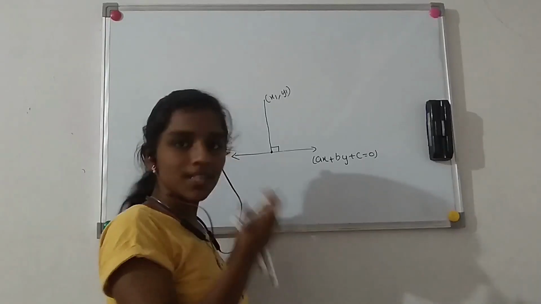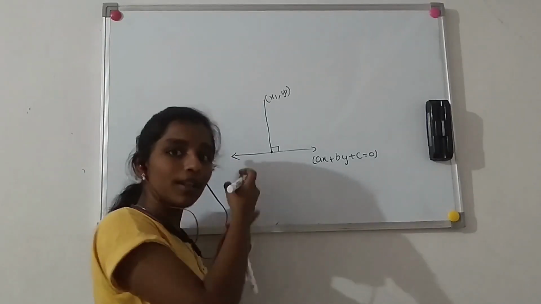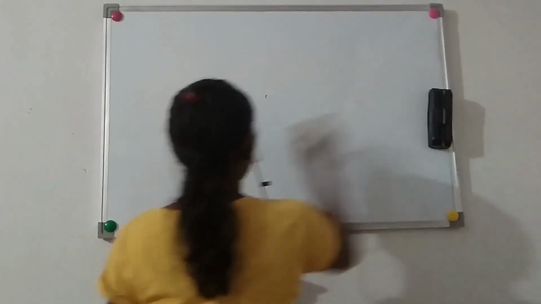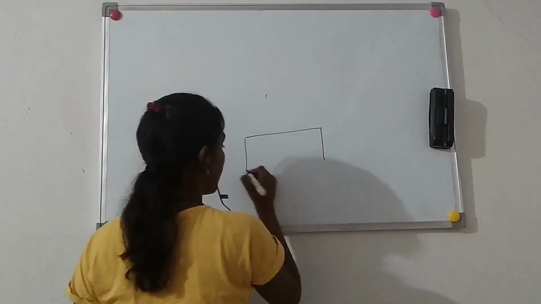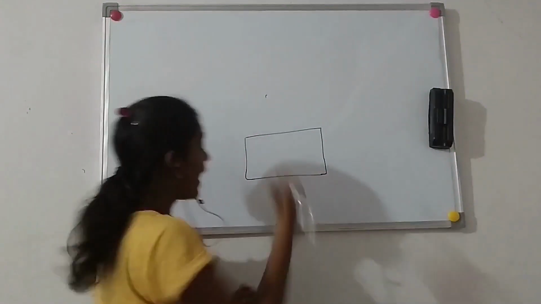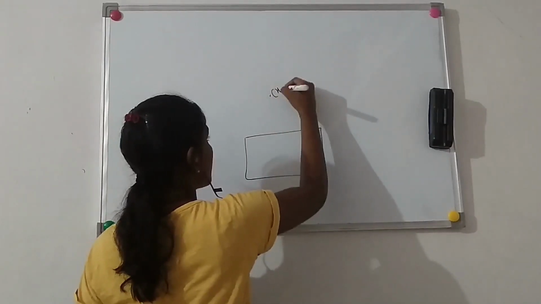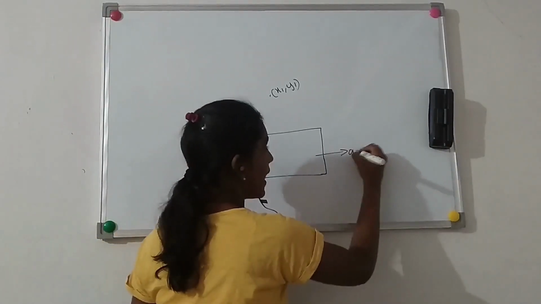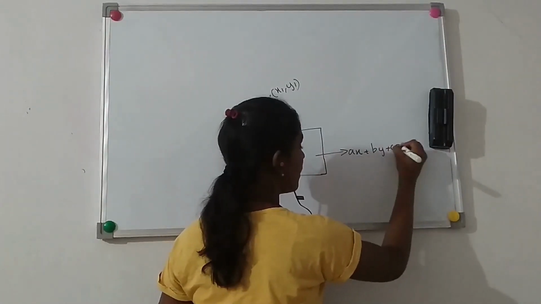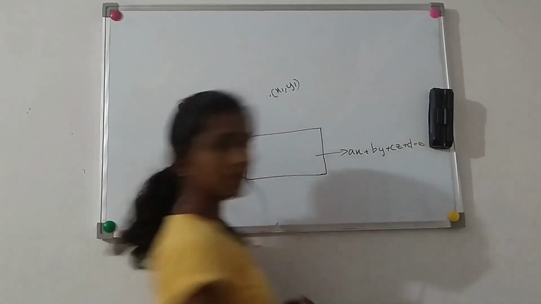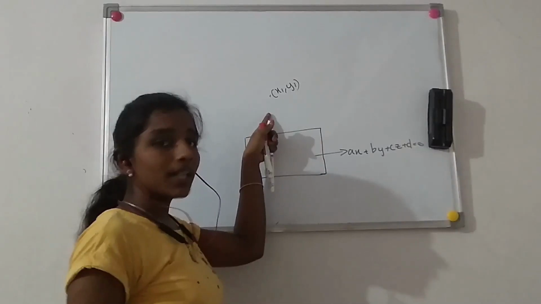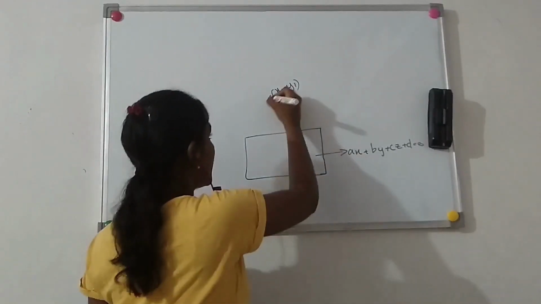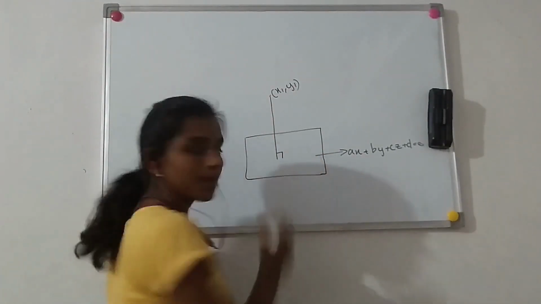The same concept applies when we study the plane's foot of the perpendicular. If this is a plane, and there's a point here that is x1 comma y1, and the plane's equation is ax plus by plus cz plus d equals to 0, and I have drawn a perpendicular line from this point to the plane, this is the perpendicular line.